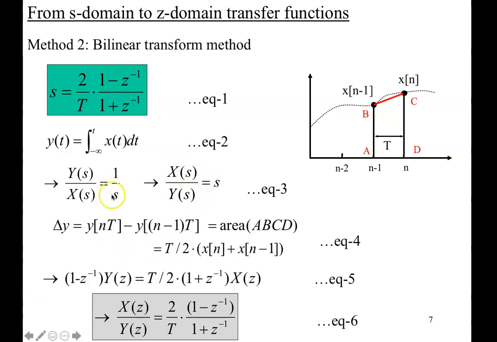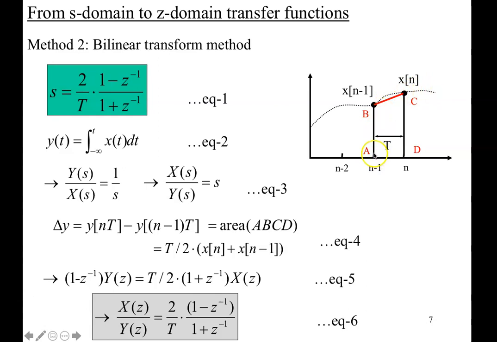Now, again, I have a bit of a mess here, but the point I'm trying to make is that this approximation is slightly different from the previous one. The previous one is using a slope. This one, we are actually approximating the cross-section area. Again, the dotted line is a continuous signal.